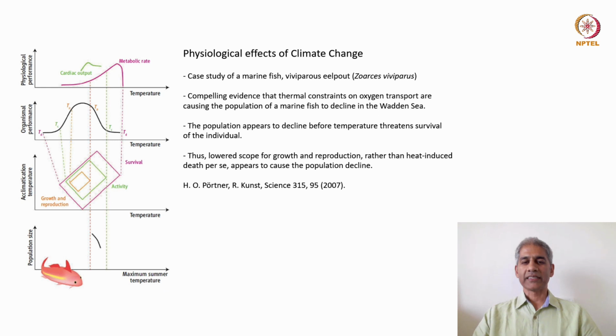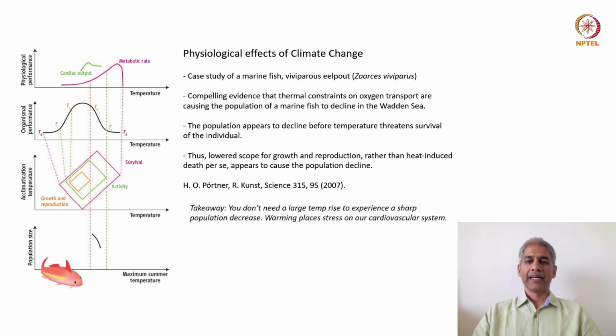So the point is that rather than death being due to increased heat, it's because there's a lowered scope for growth and reproduction, which causes the population decline. And so the takeaway is that you don't need a large rise in temperature to experience a sharp population decrease.